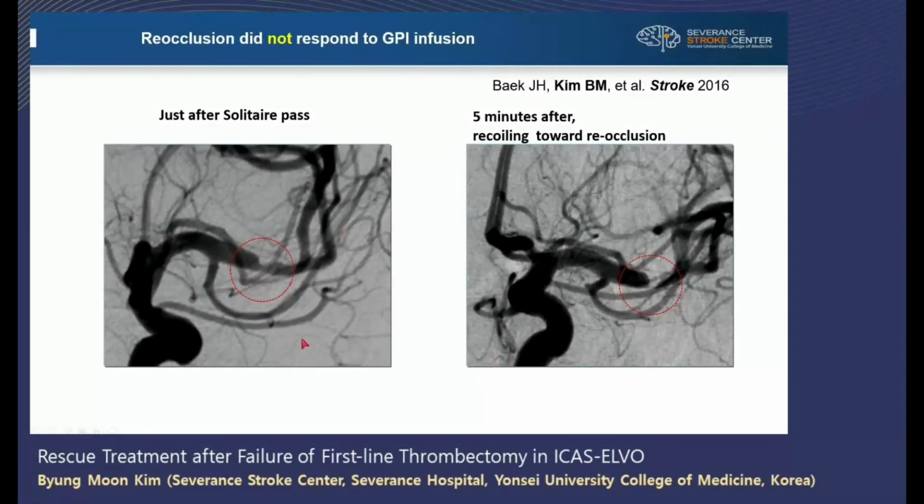The right side image is just after the solitaire single first pass, and the left image is 5 minutes after solitaire retrieval. You can see recoiling of the focal truncal stenosis toward reocclusion. This reocclusion tendency did not respond to GPI infusion.